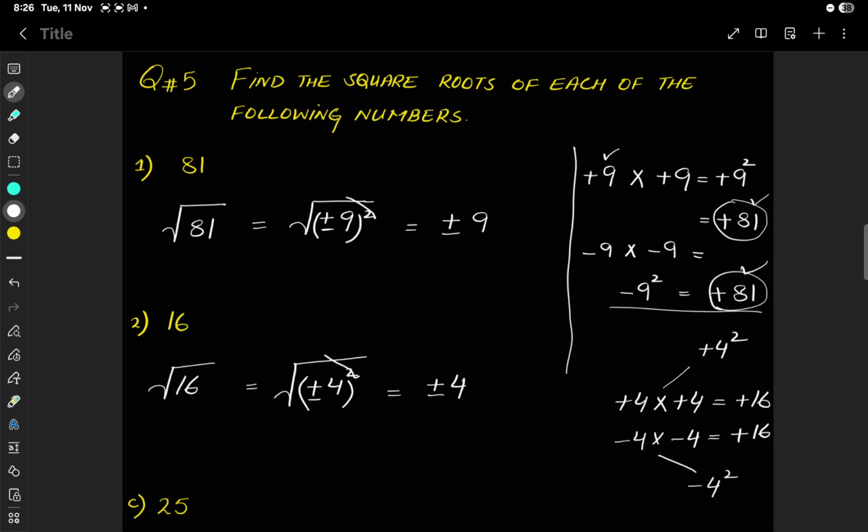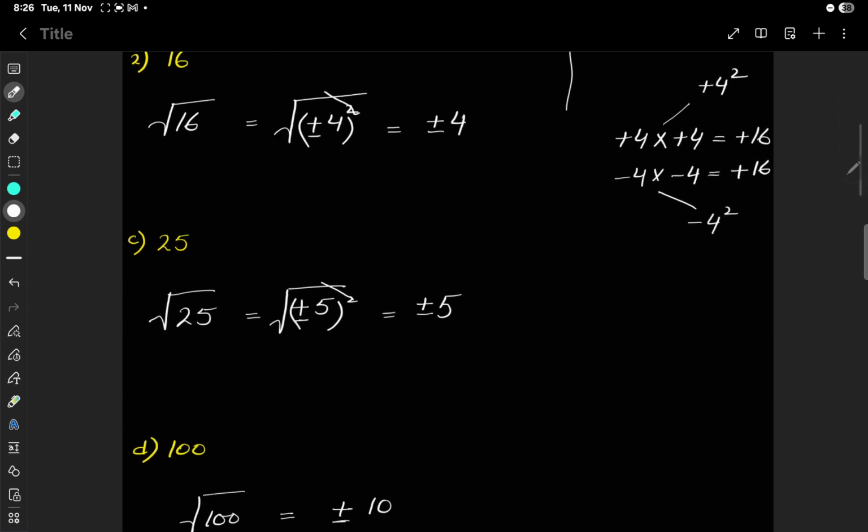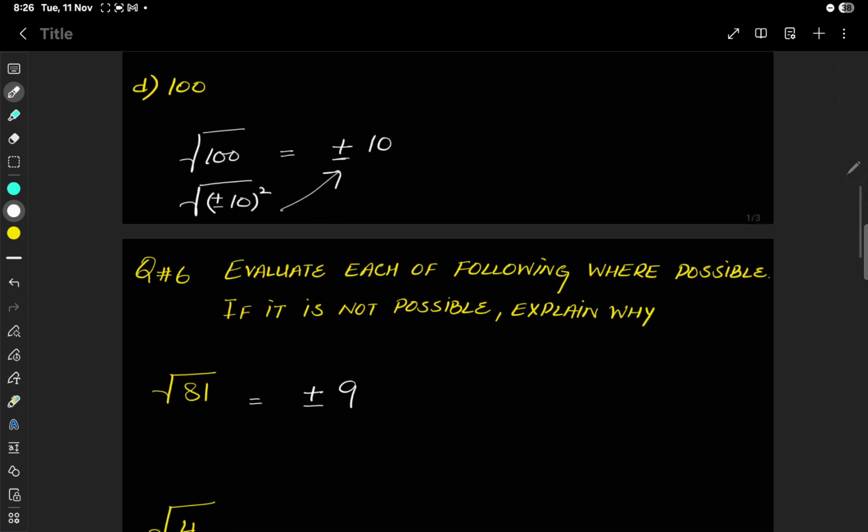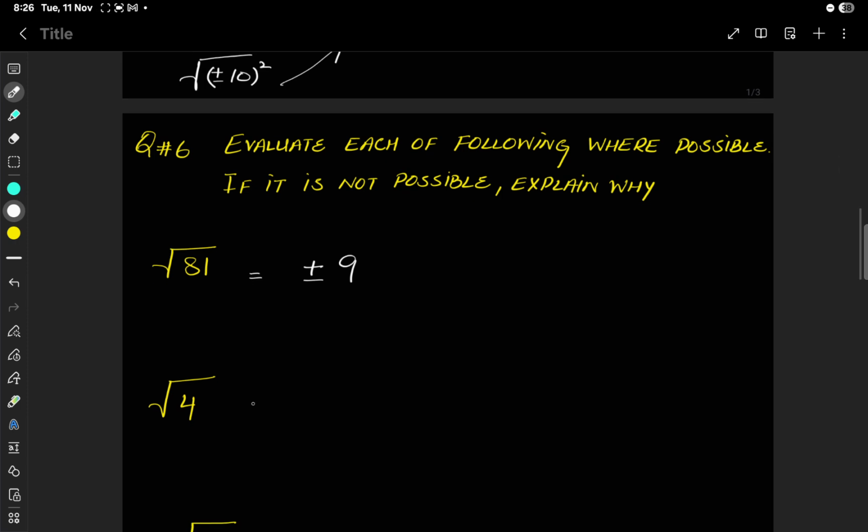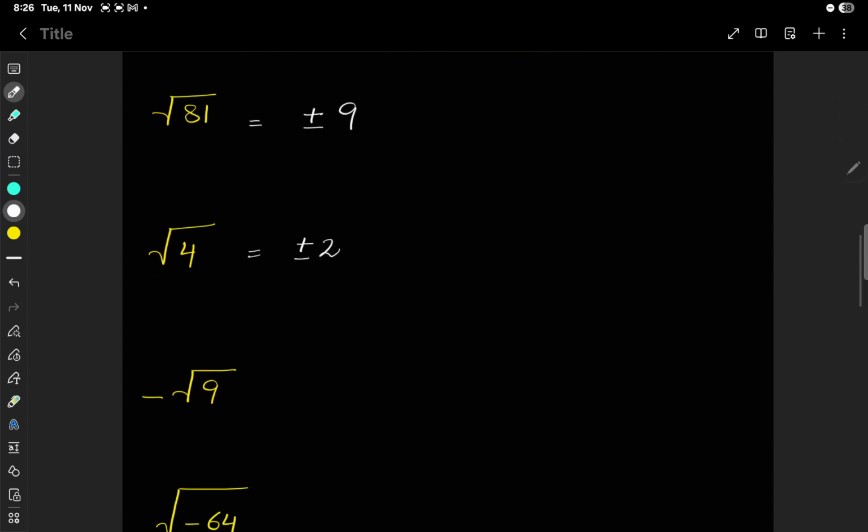When we take the square root of 81, the final answer is plus or minus 9. Again we are using the same kind of approach, so when we take the square root of 4, the answer could be plus or minus 2. Let's go to the next question.